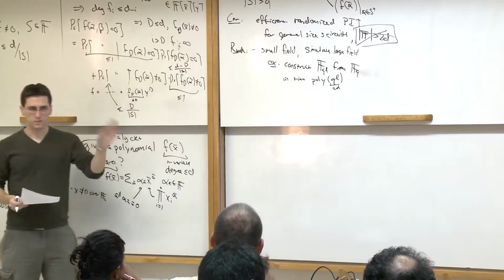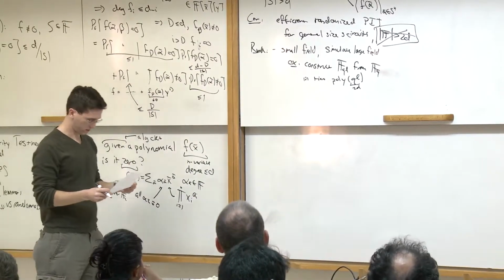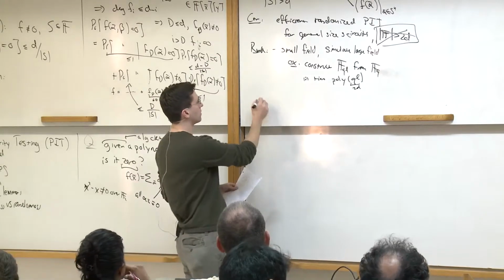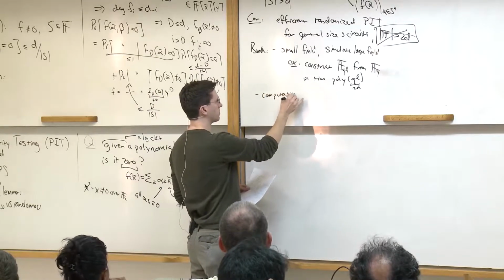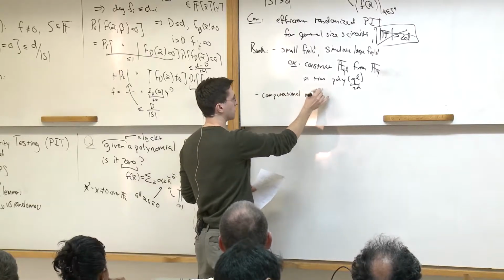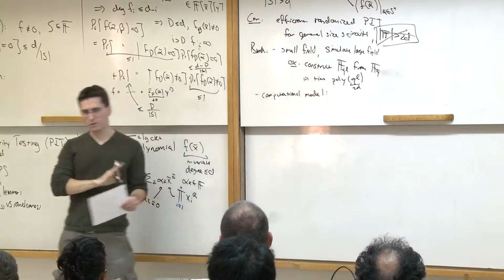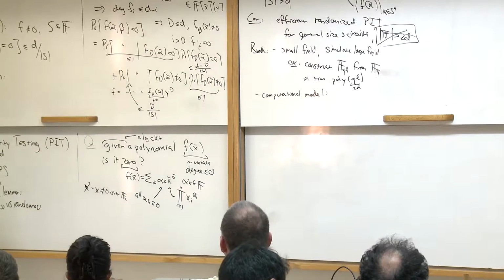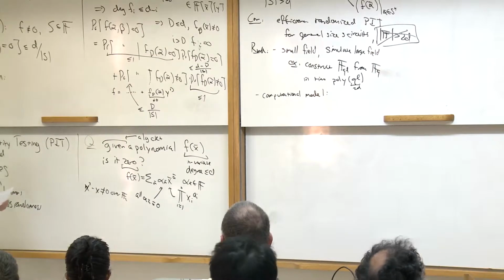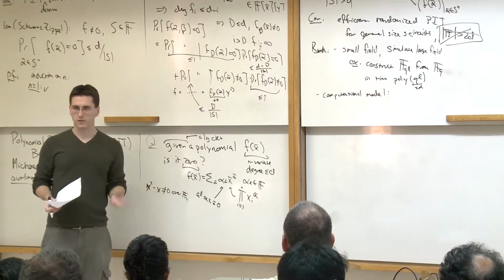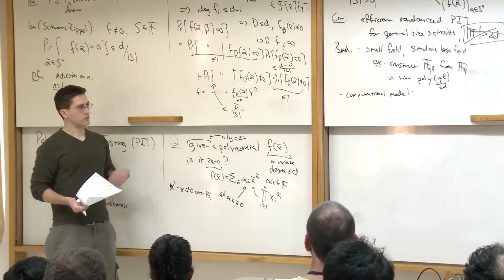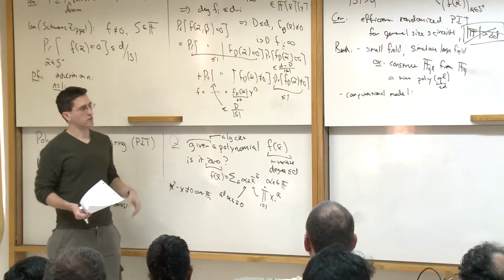But for the rest of the talk, I'm going to work in a large field because it's painful otherwise. One thing to note is what the computational model is. To some extent, a lot of computer science works over Turing machines, working with bits and so on. But here we have fields. Does this question make sense over complex numbers? Does it make sense over weird fields that you could never even dream of?